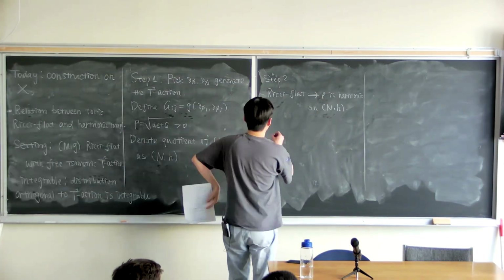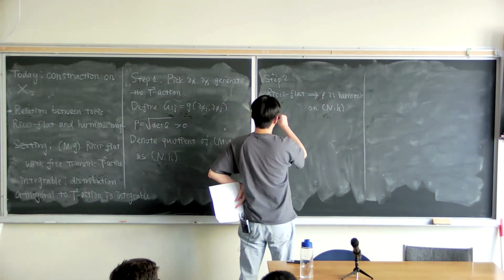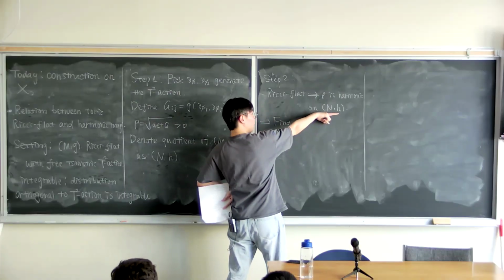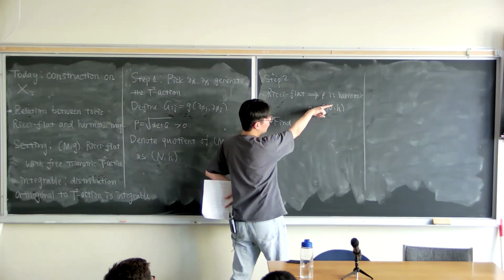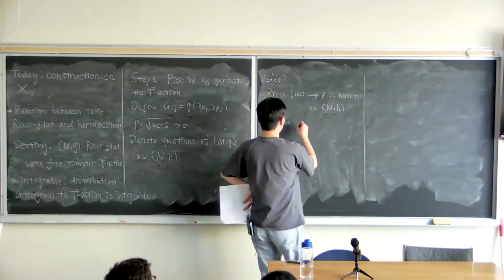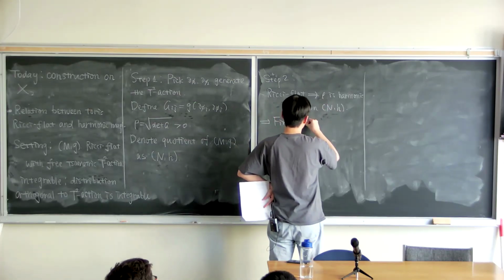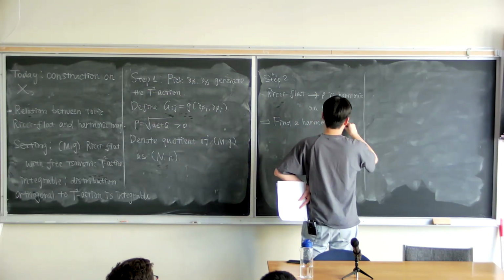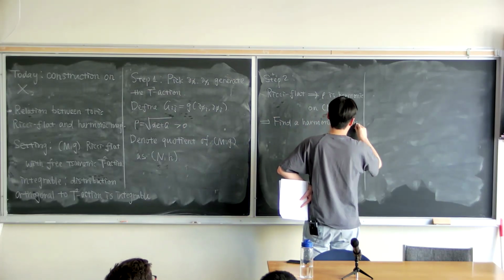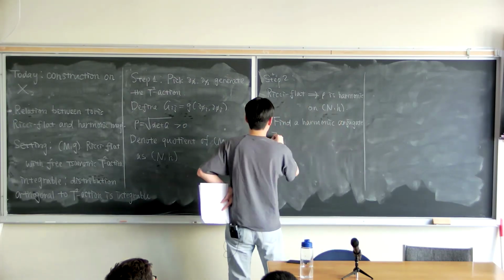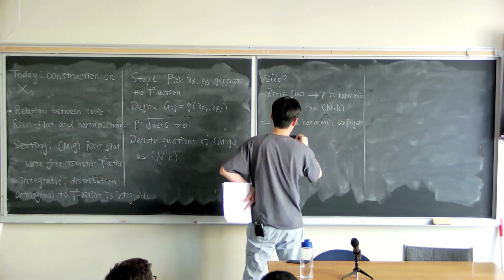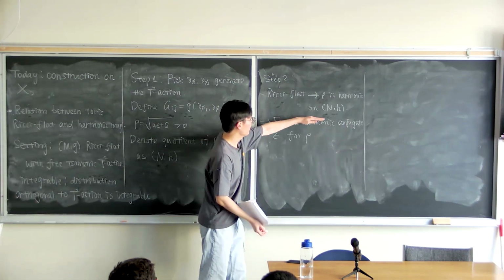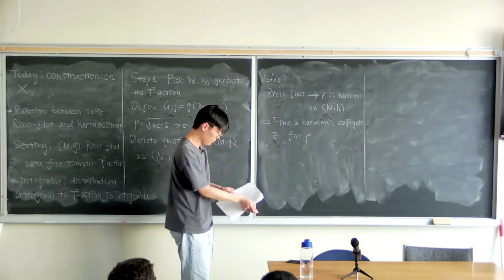And with this harmonic function, because we are on a 2-dimensional base, you can look for the harmonic conjugate of your function rho. You have the harmonic function on the base, and you can look for the conjugate z.